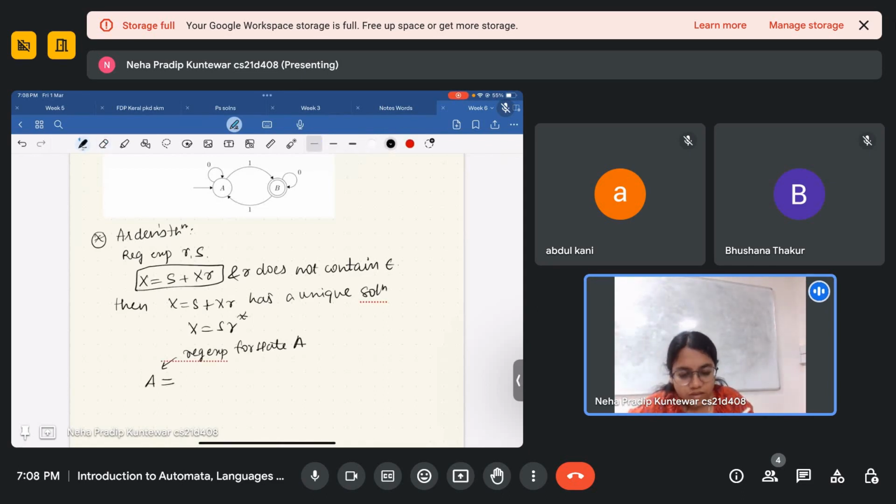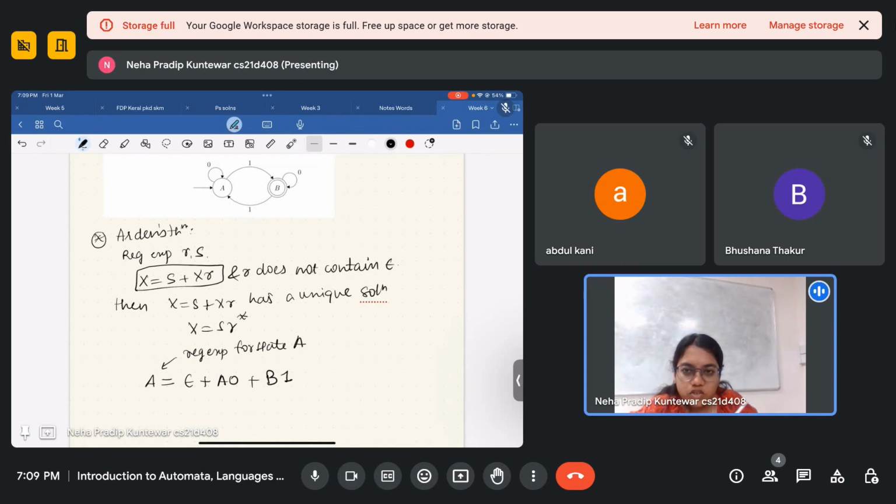You can reach A by simply not reading anything, or by reading 0 and coming back to A because you have a self loop on 0, or via B. If you are at B and you see a 1, then you go to A. So this is A followed by 0, and this is B followed by 1.